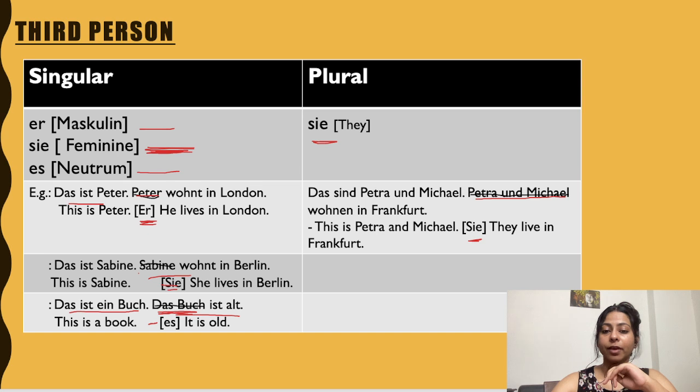Hence, we have capital S here. Otherwise, both the sie will always be small. Again, here also sie is with capital S because it's a new sentence. It's at the beginning of the sentence. Hence, Sie wohnen in Frankfurt.